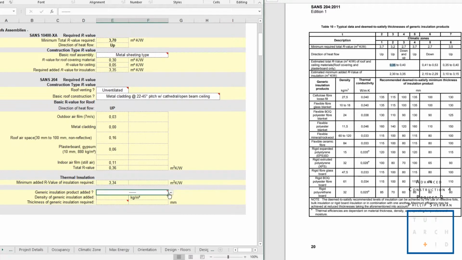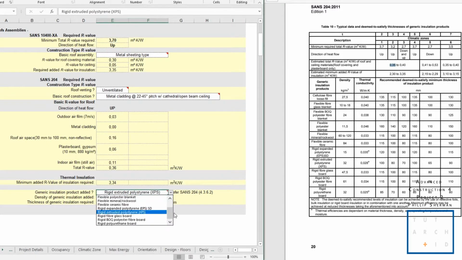Right, so if I had to choose, say for example, XPS, I need a 95 millimeter thickness board to allow for a 3.34 R value, with a total of 0.36, 3.34, to give me a 3.7.